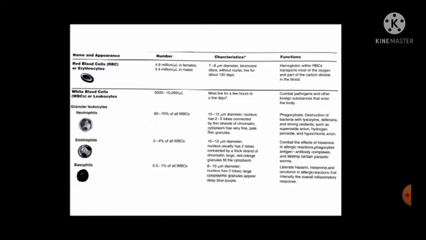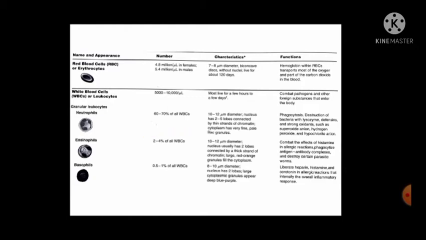Neutrophils. Granular leukocytes include neutrophils, eosinophils, and basophils. Neutrophils' number is 60 to 70% of all WBCs. Their number is larger than other WBC types. They are 10 to 12 micrometers in diameter.